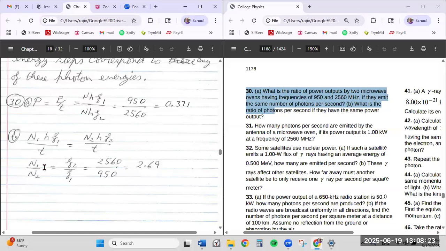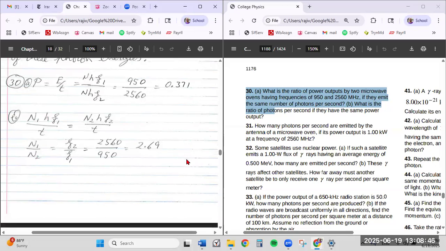Then we can cancel out the h on both sides. So n1 f1 equals n2 f2, so n1 over n2 is f2 over f1. So 2560 over 950, and that comes to 2.69. So that's the ratio of photons per second if they have the same power output.